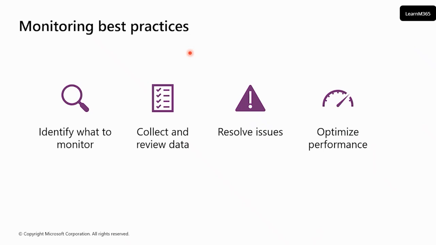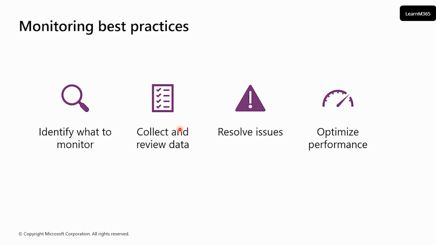Monitoring best practices include identifying what to monitor, which means you have to identify what you need to monitor and track the metrics for it. If you observe things on a regular basis, you get to know if there are any deviations, and you know which is the key element for your organization that you are monitoring.